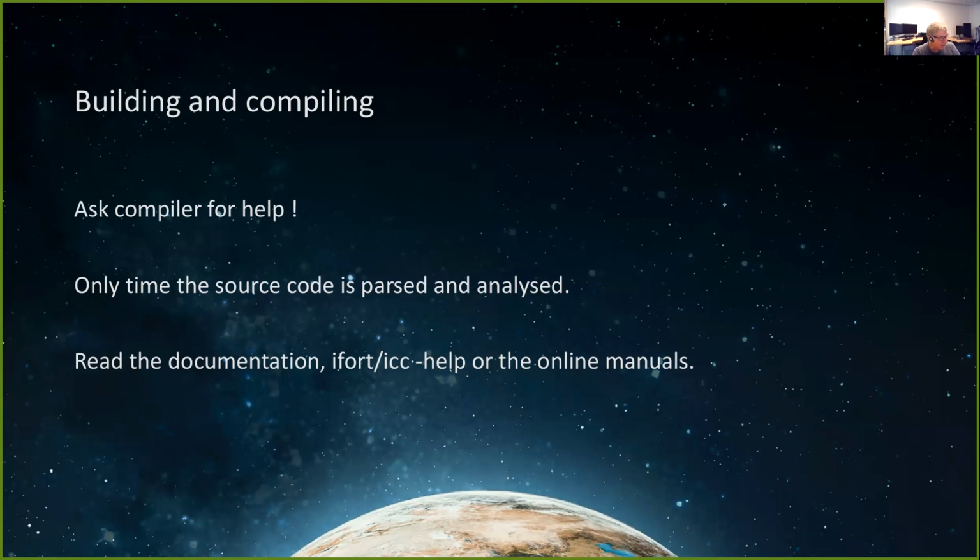So the source code is actually analyzed, and this is the only time it's analyzed in a timely way.